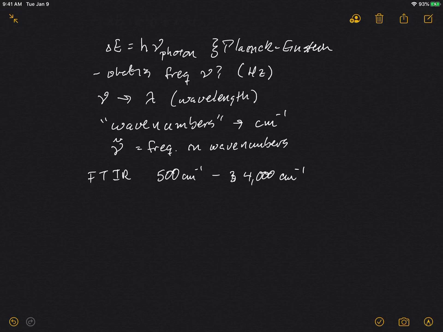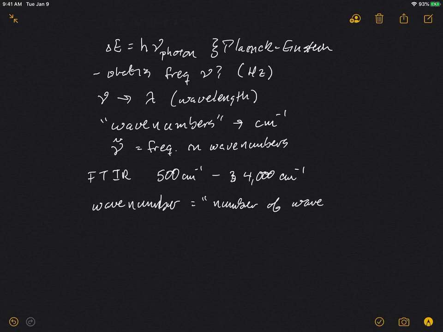And we can think of wave number as a way of, you can imagine taking your photon and freezing it, stopping it at one moment in time, and then counting the number of waves, or wavelengths, per centimeter.